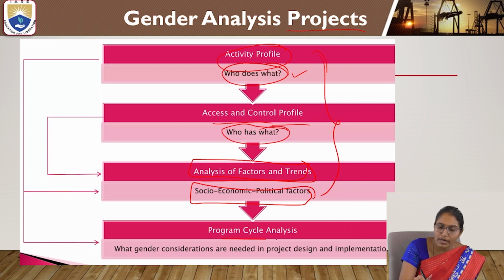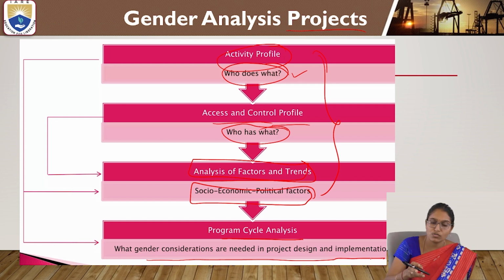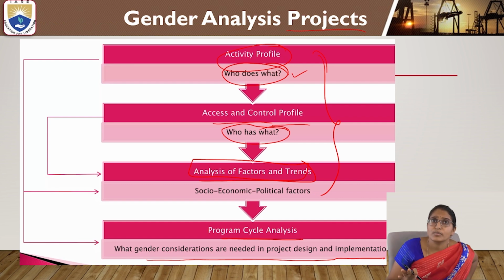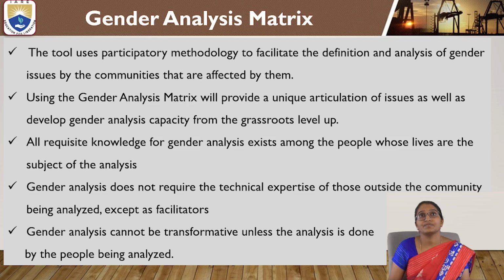all these, the program cycle analysis that you do is: what gender considerations are needed in a project design and implementation. First of all, you analyze all those factors and get some knowledge. Based on that, you design a program analysis of what gender consideration, why they are needed, and how they are going to be analyzed for the project, and how you can implement based on that analysis.